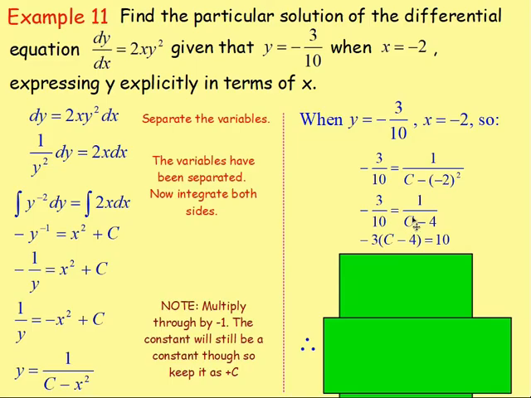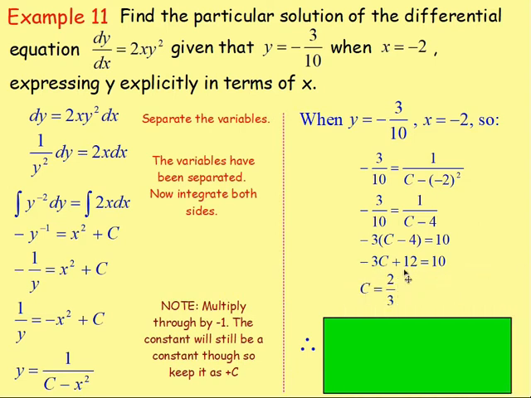If you multiply both sides by c take away 4 and multiply both sides by 10, or in other words cross multiply, you get negative 3 times c take away 4 would equal the 1 times 10. Multiply the brackets, negative 3c plus 12 equals 10. You can therefore work out the value of 3c, and you can therefore work out the value of c.